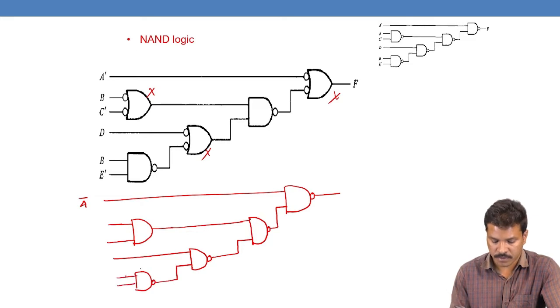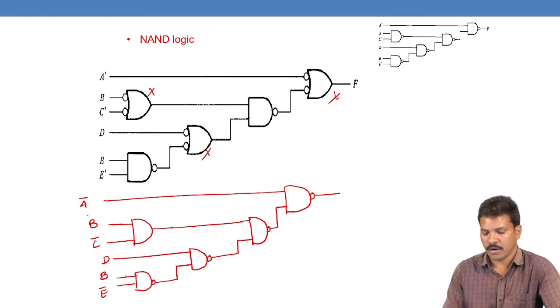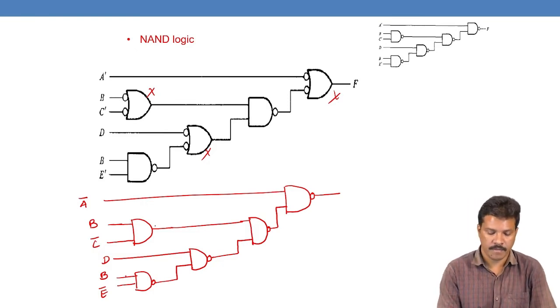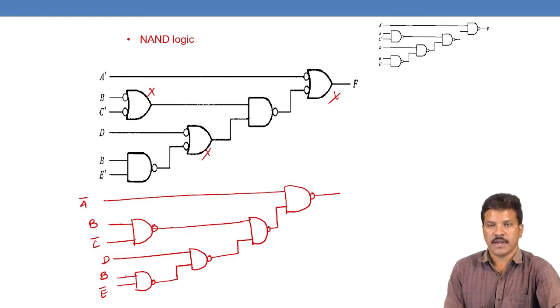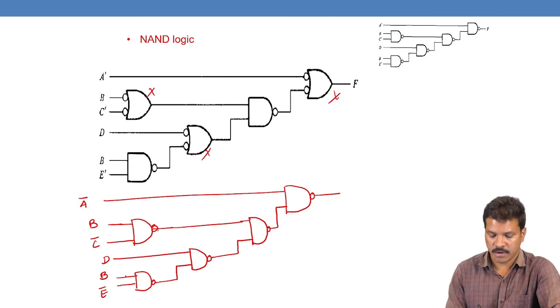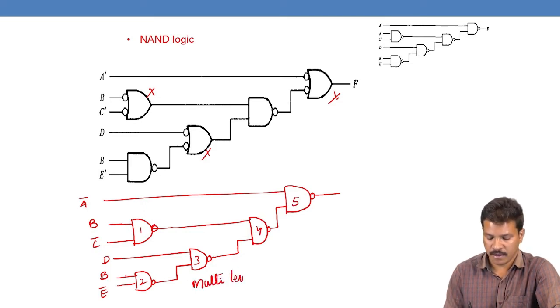So this E bar, B, D, and C bar, B, A bar. So the entire diagram becomes NAND gates only. NAND gate 1, 2, 3, 4, 5. So this is nothing but a multi-level NAND implementation.